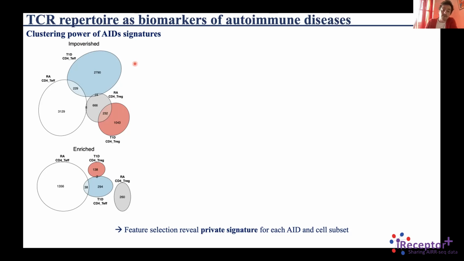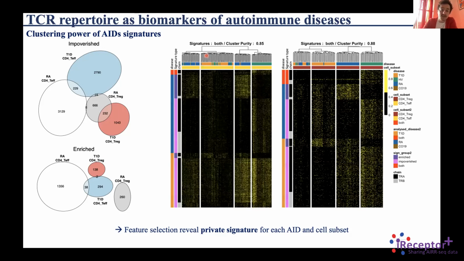And when we perform a clustering based on this signature, here you have the result of the clustering for the effector T cell on the left, for the regulatory T cell on the right. Each column represents a patient, each row a signature. When the signature is present in the dataset, it's colored in yellow and absent in black.